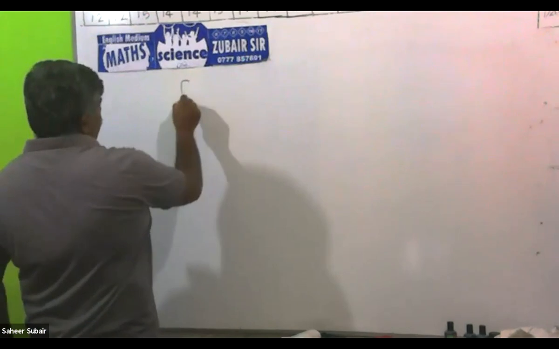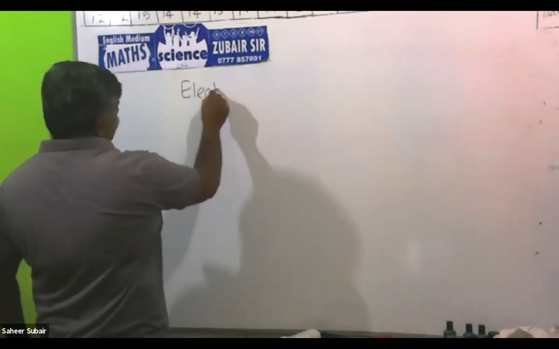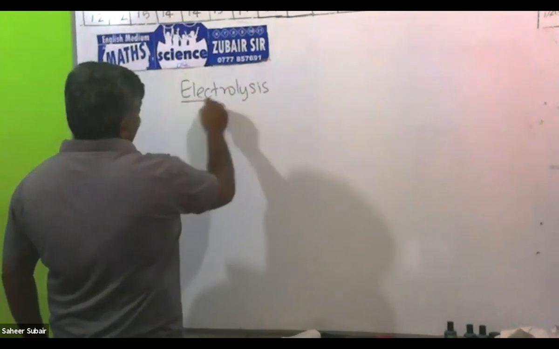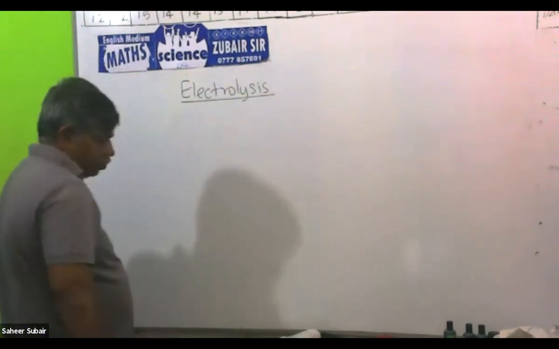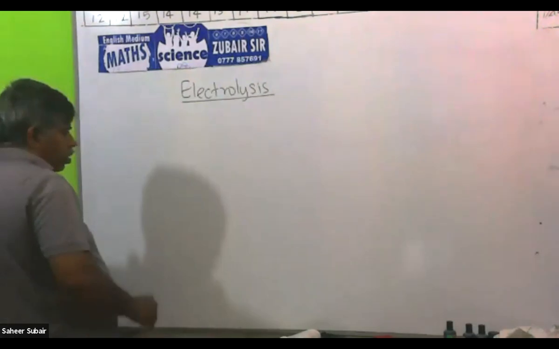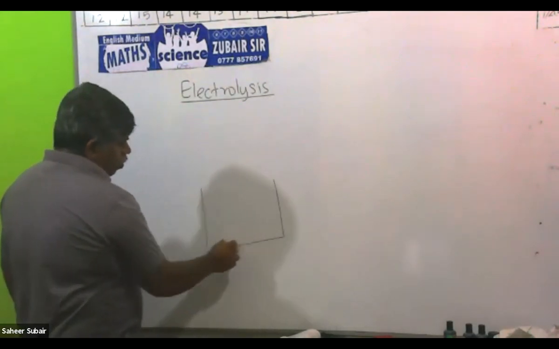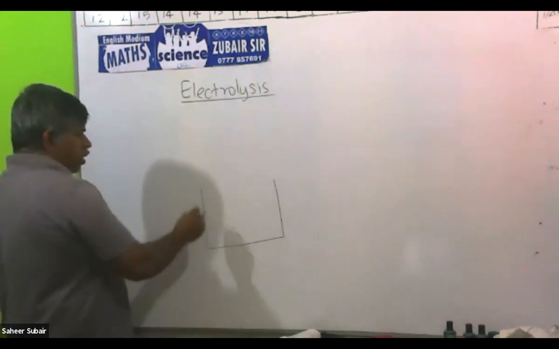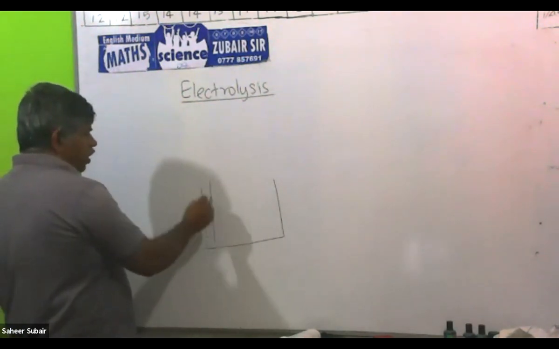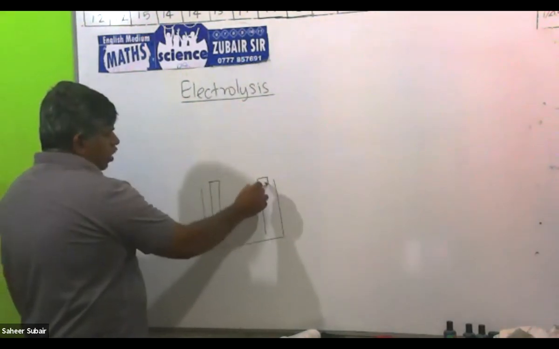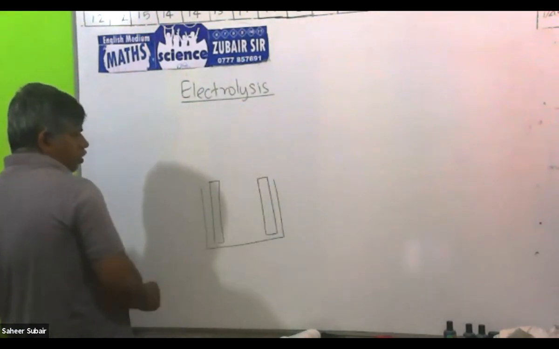Then we'll see what is meant by electrolysis. Now, up to now, we didn't supply the current for this cell. Now we are taking two inert electrodes.